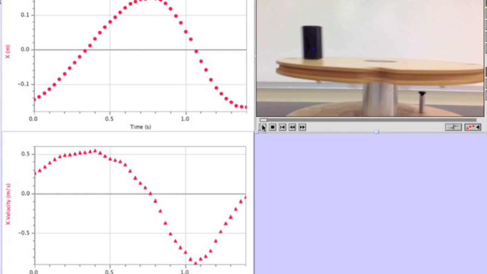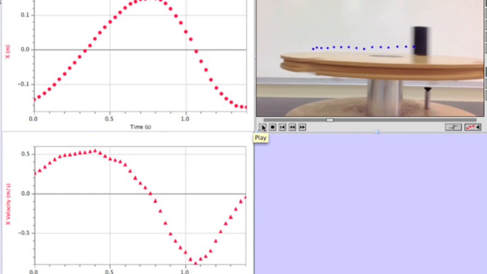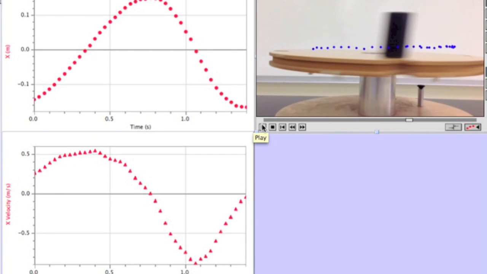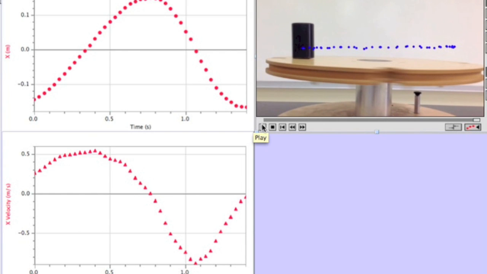Now when you view this from the side, you'll see the disc go right and left as if it's in simple harmonic motion. The equations of simple harmonic motion are related to the equations of circular motion. I hope you see that there's a sinusoidal pattern for the position-time graph at the top and a sinusoidal pattern for the velocity-time graph down below. Now the next thing is we'll actually look at the equations of these graphs.